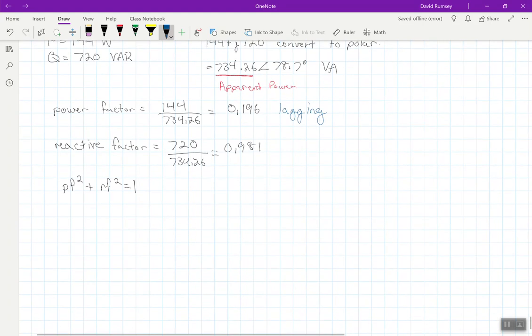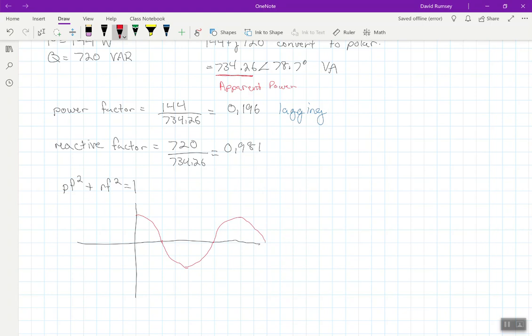And what do you mean by leading and lagging? Well, let's think of it in this way here. Let's go back to a graph of my cosine function. So this has a phase angle of 0 degrees.